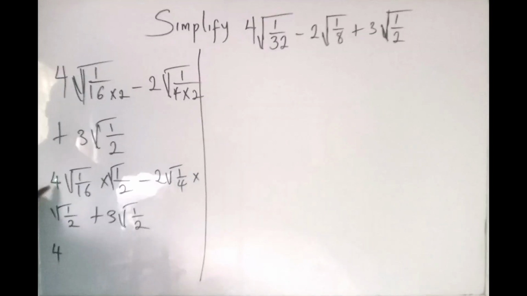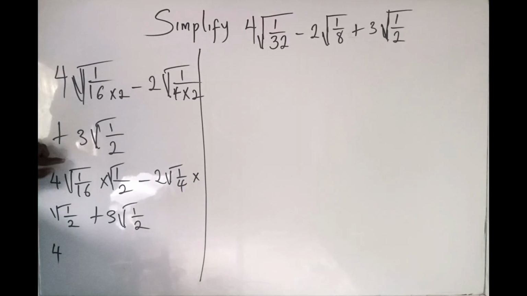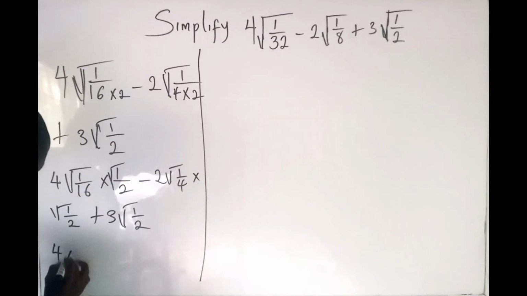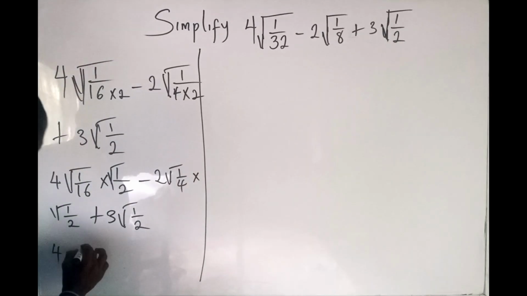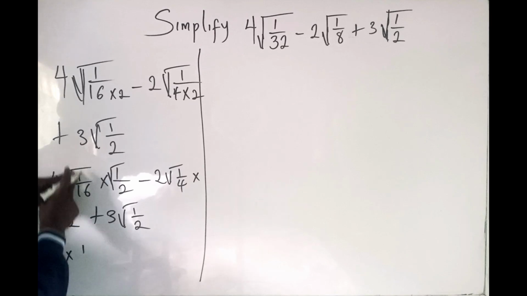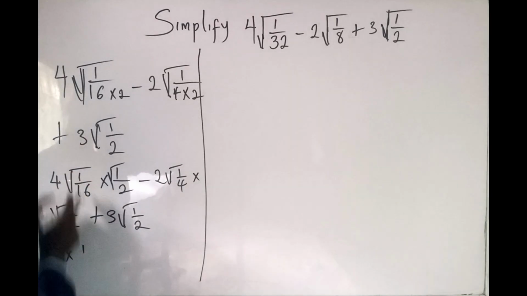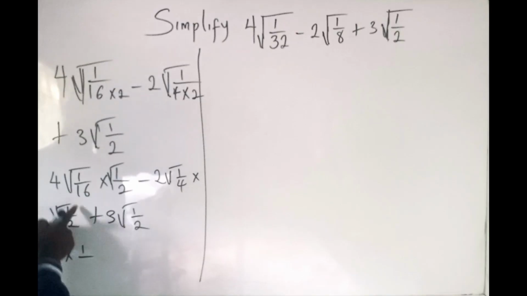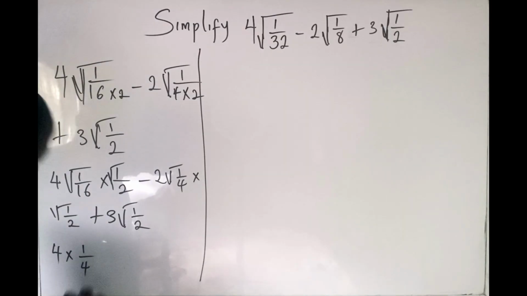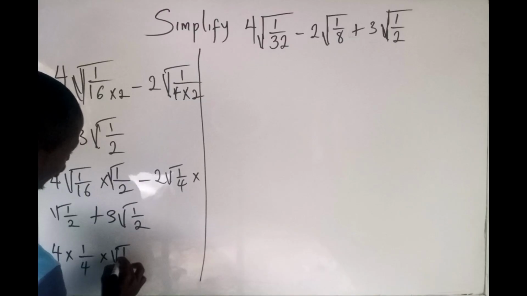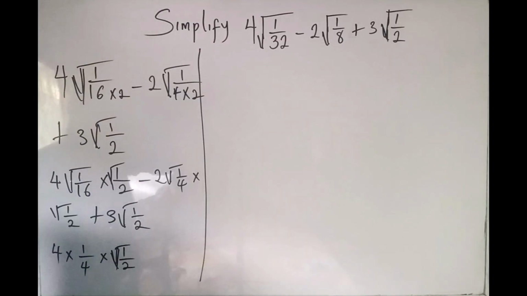This 4, we bring it down here. Now, root of 1 is 1. Don't forget, 4 root 1 over 16 has a times there, so this is a times. So root of 1 is 1, over square root of 16 which is 4, then times root of 1 over 2.